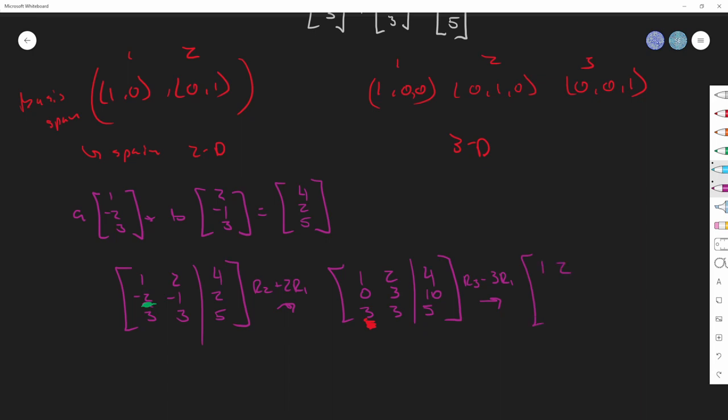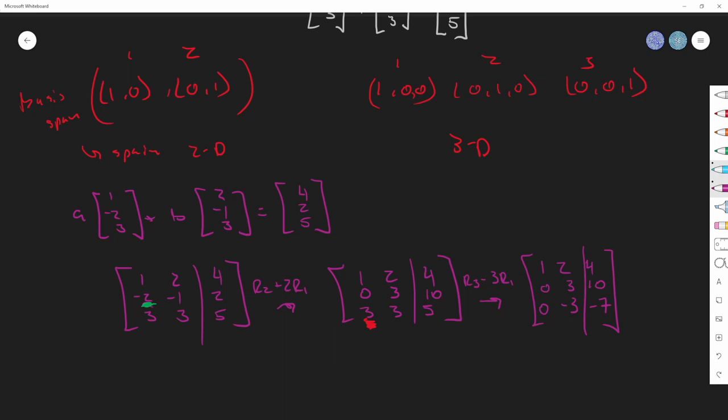The first two rows are going to stay the same, 0 3 10. And then we're going to have 0, and then 2 times 3 is 6, which is negative, plus 3, negative 3. 4 times 3 is 12, plus 5 is negative 7, because it's negative 12 plus 5.